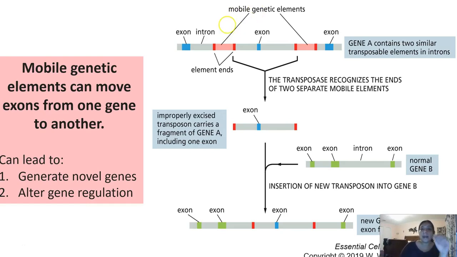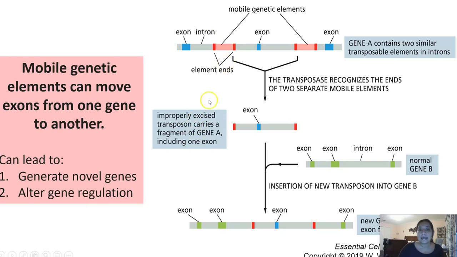However, because they are very similar, their ends can be misrecognized by the transposase so that it can accidentally cut out, or excise, when it was doing that cut and paste transposition, as we talked about.